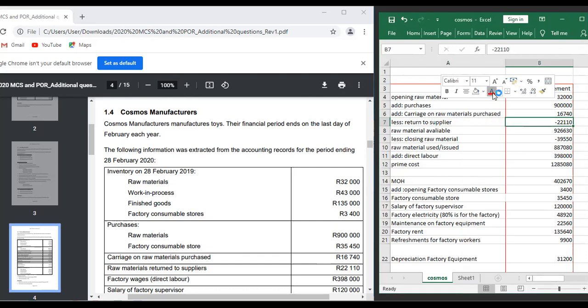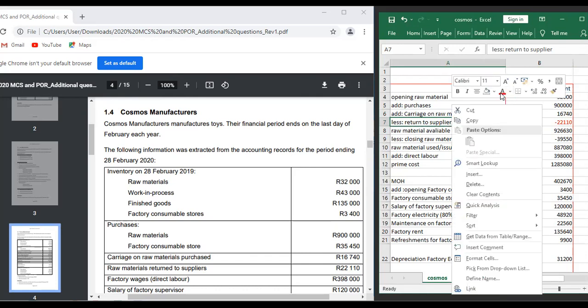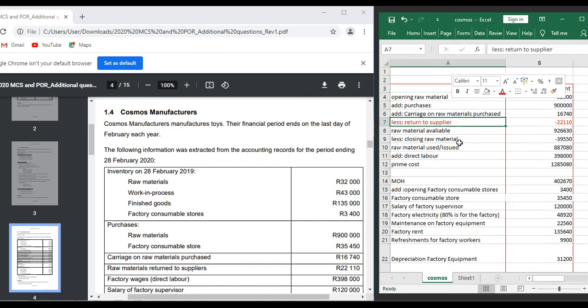I'll highlight it in red to show that we are lessing it. We less it because it is no longer in our store. We have returned this to the supplier. So after returning the ones that had some faults, we have the raw materials available in our store.